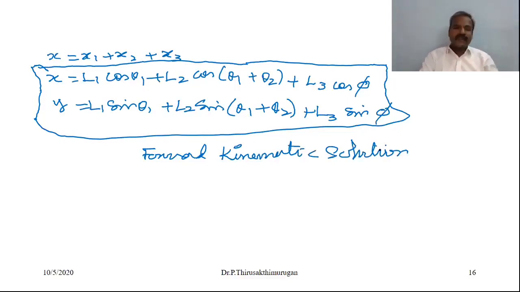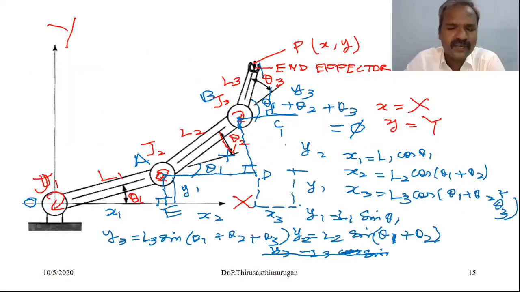Similarly, you please find out the reverse kinematic solution. How to determine reverse kinematic solution? From these two x and y, we have to determine the value of theta 1, theta 2 and theta 3.